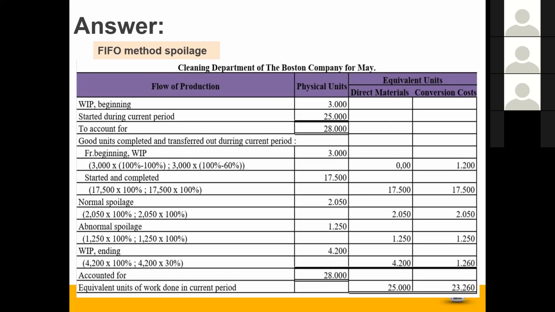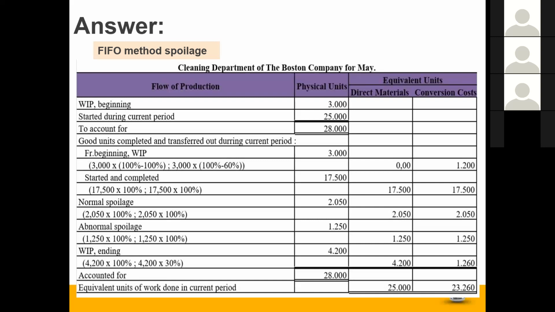Good units completed and transferred out during the current period is 3,000 from the beginning WIP, which is 3,000 physical units, and 1,200 on conversion cost. Second one is started and completed, physical units is 17,500.